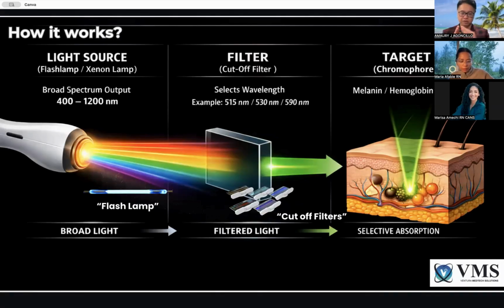Very simple. If we use a 515 nanometer filter, what it does is it cuts off any wavelength below 515, and everything from 515 up to 1200 nanometers, it passes. That is why, unlike laser, you keep stacking.